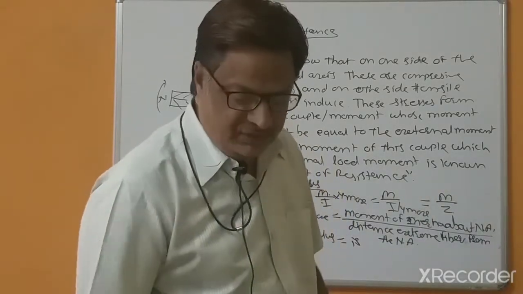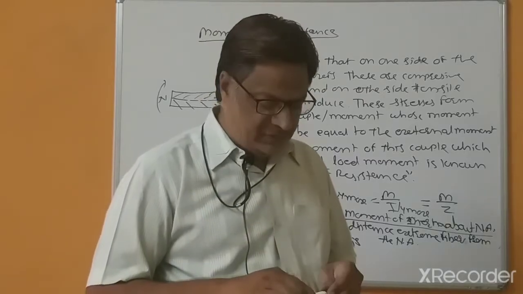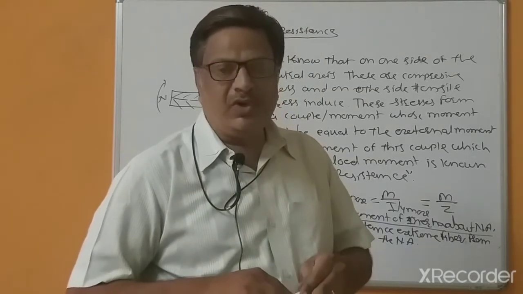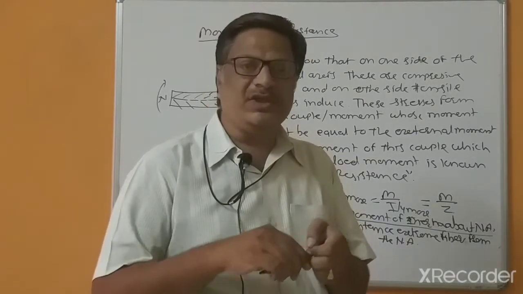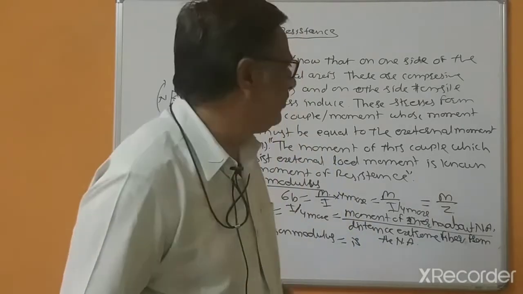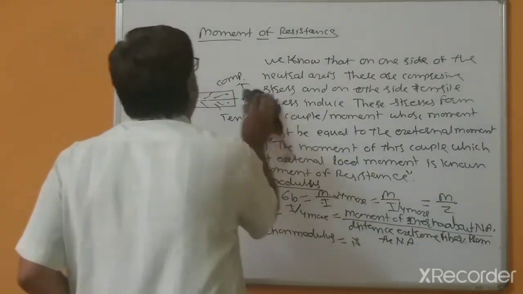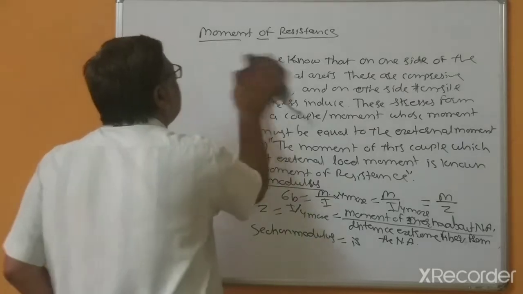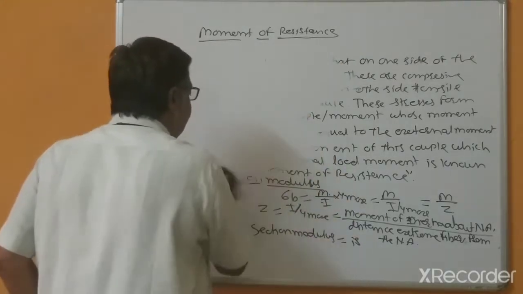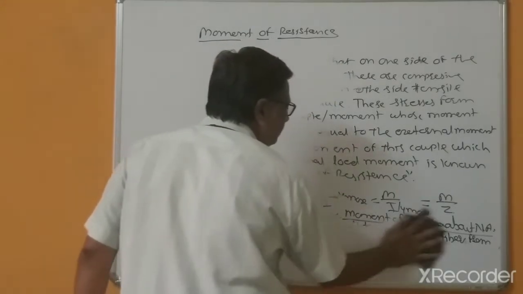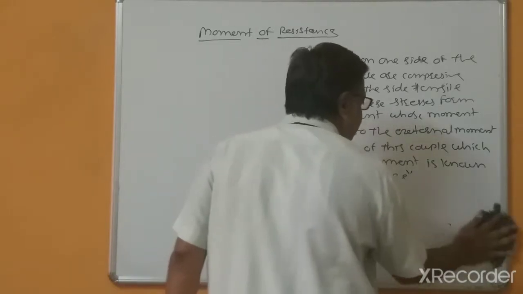We already studied the section modulus for rectangular sections, hollow rectangular sections, circular sections, and hollow circular sections in the last lectures. So today I start simple problems related to bending stress.